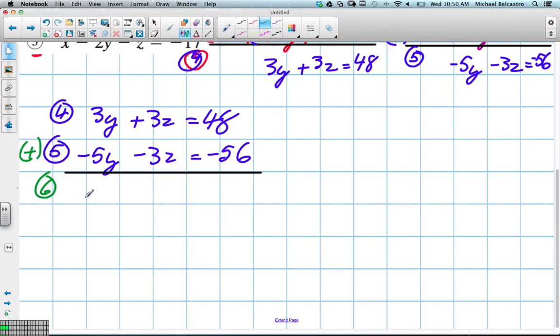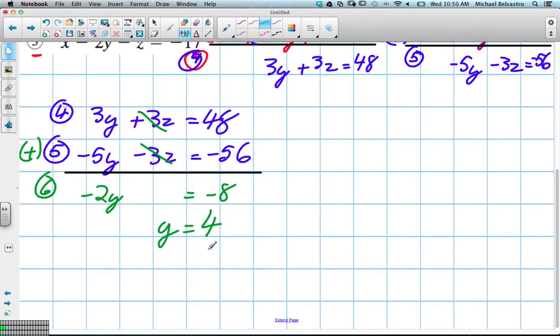When I add these two together, we'll get negative 2y. The z's will cancel out. And when we add these together, 6, 7, 8, negative 8. Which means I can now isolate for y in equation 6. Y will then be equal to 4.